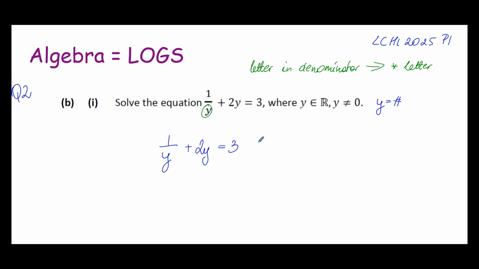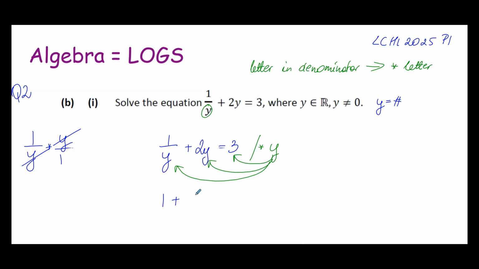So in this case, we are multiplying all the elements in our equation by y. So we're going to have 1, because 1 over y multiplied by y is how it will eliminate.